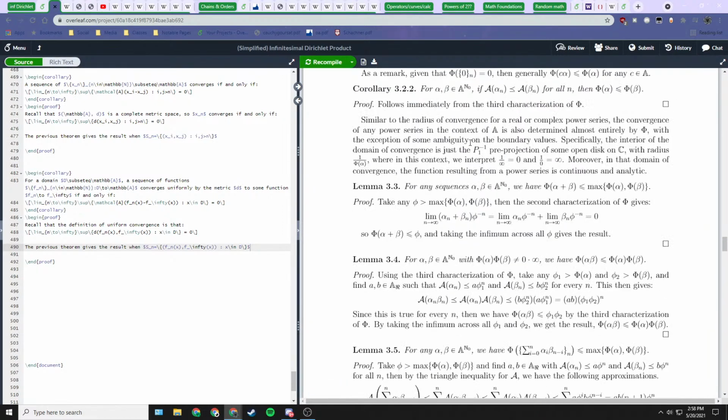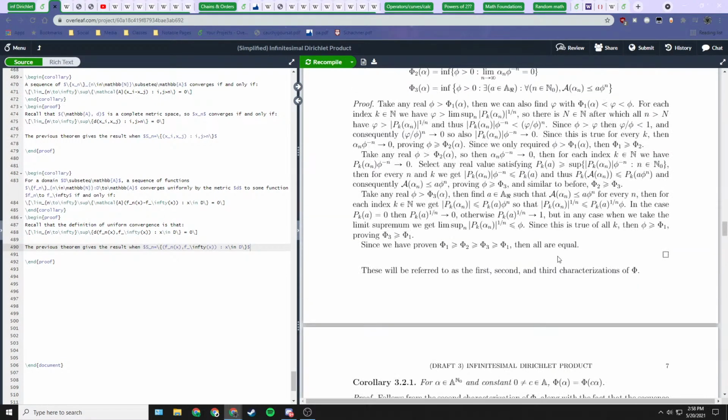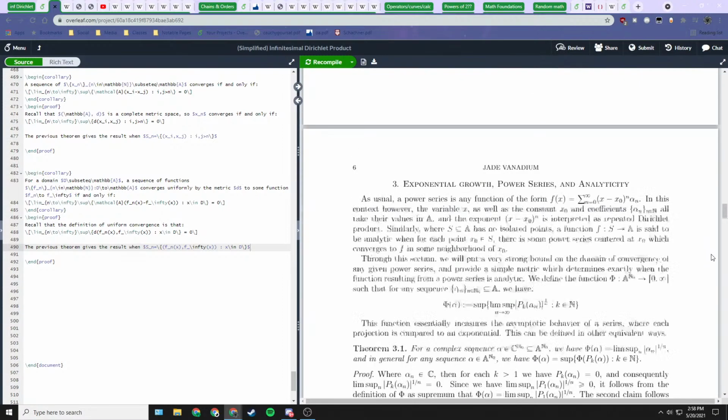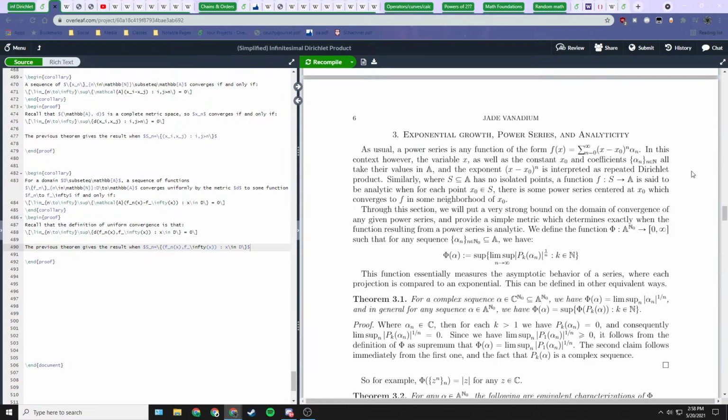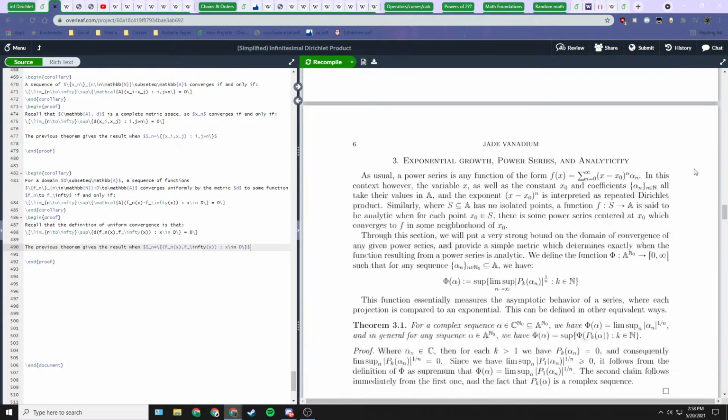So we've done a whole bunch of exponential things. We figured out where power series converge, where they're continuous. Next we want to prove that a power series is analytic.